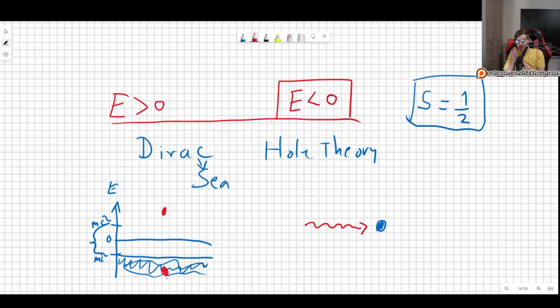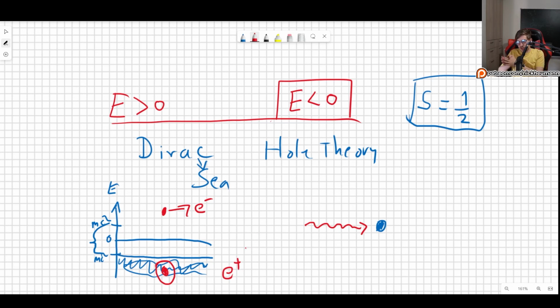It will have the same mass but different quantum numbers. And this would have positive charge. It is the absence of negative charge. So what he's saying here is that according to this, if you have enough energy, you could create an electron and also a positive version of the electron, or a positron.